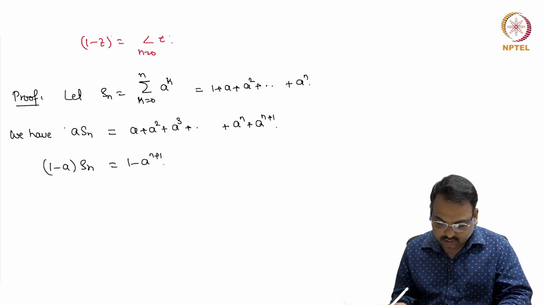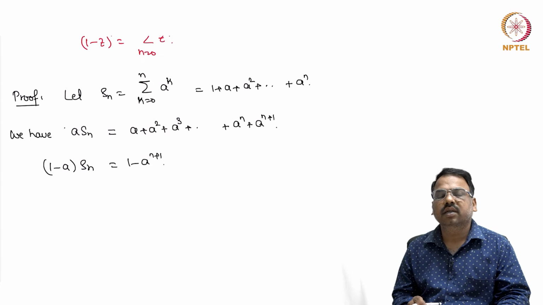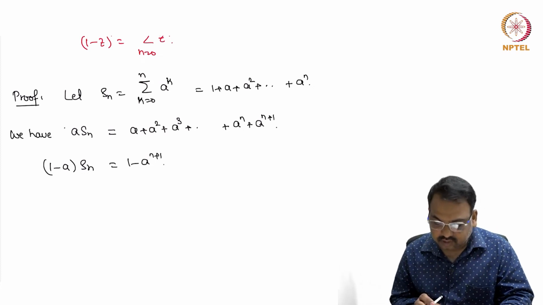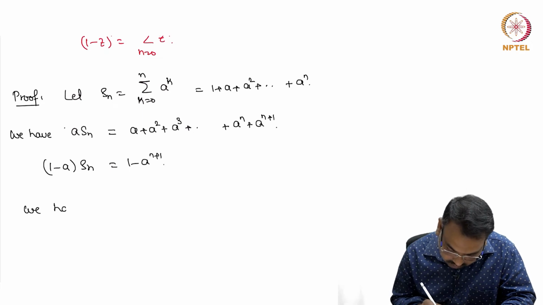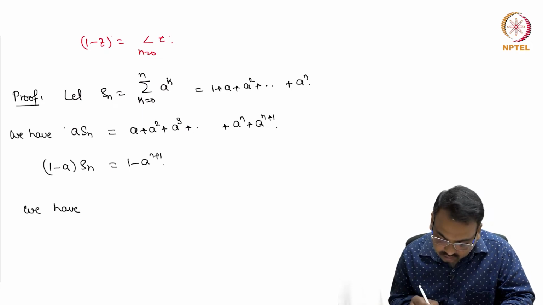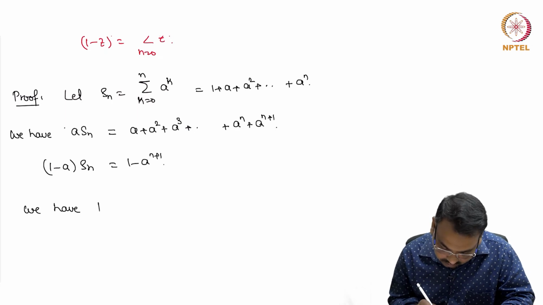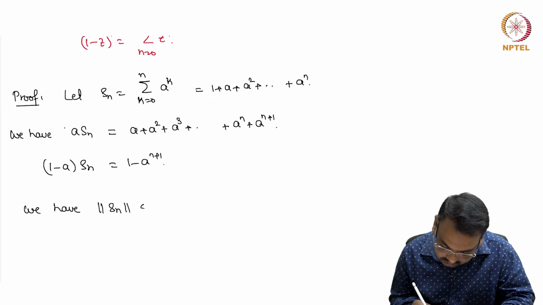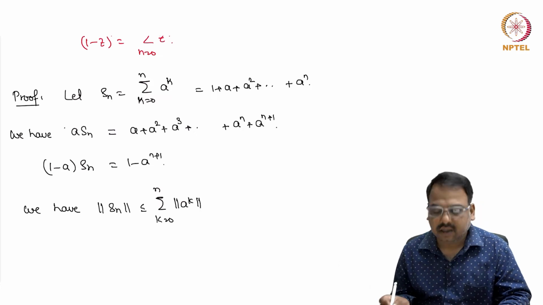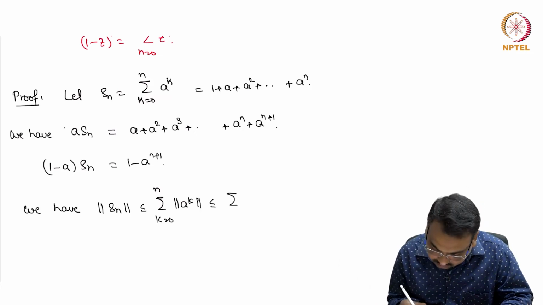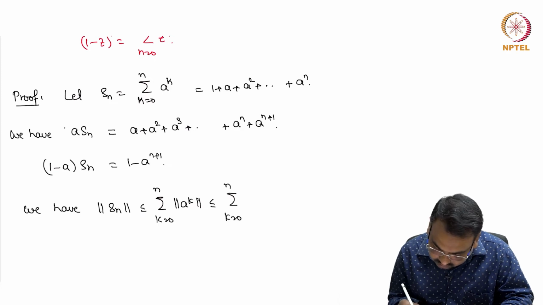Now we want to show that Sn is convergent. To show that, we show that it is absolutely convergent. So we have norm Sn less than or equal to summation k equal to 0 to n norm of a power k, and that is less than or equal to summation k equal to 0 to n of (norm a) whole power k.